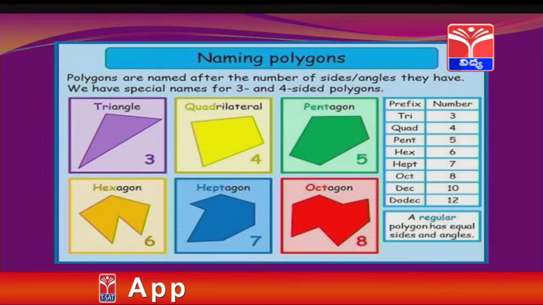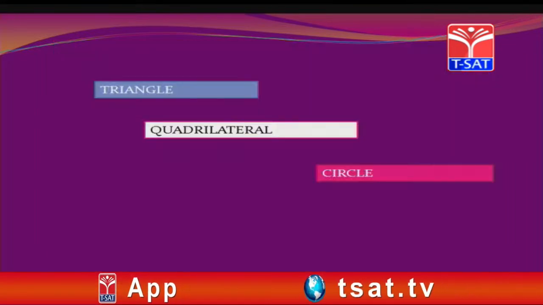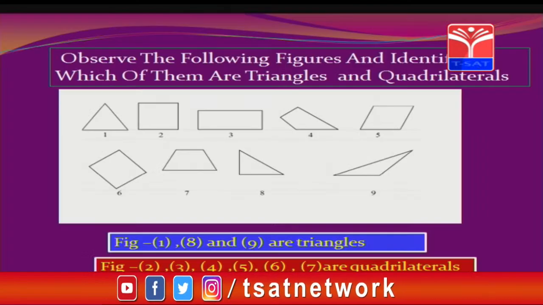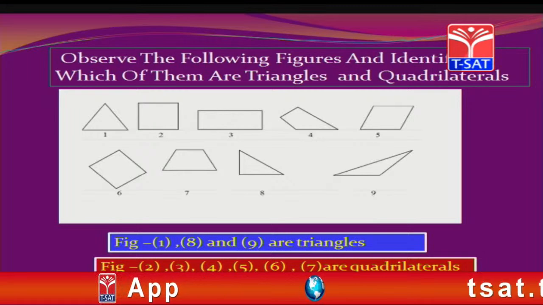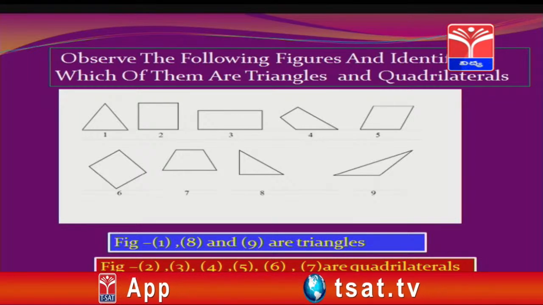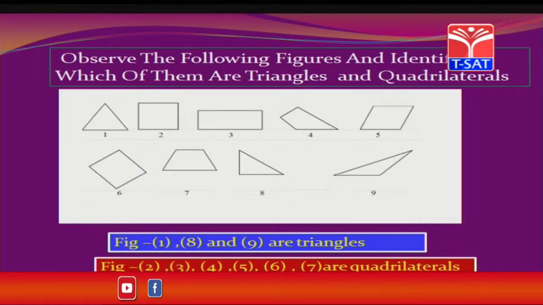Like this we can name the polygons. Today we discuss in a little more detail the triangle, quadrilateral and circle. You might have observed that 1 and 8 or 9 are the triangles, and 2, 3, 4, 5, 6, 7 are the quadrilaterals in the earlier figure.